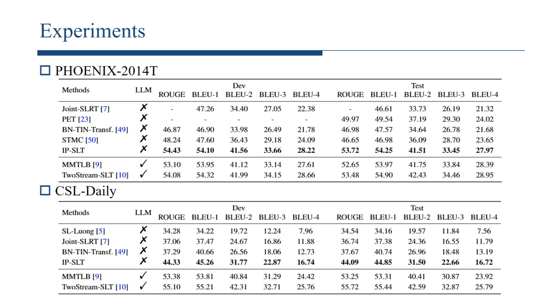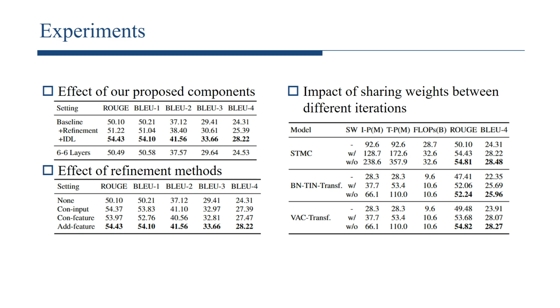Note the last two methods adopt pre-trained large-scale language models that leverage more model parameters and extra resources than our approach. By combining all proposed components together, our approach achieves promising performance improvements against the baseline. The results prove the advantage of leveraging the iterative refinement process, which distinguishes our approach from previous methods.